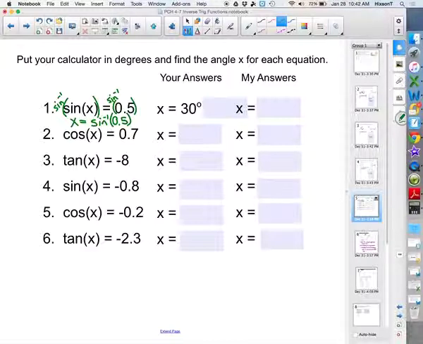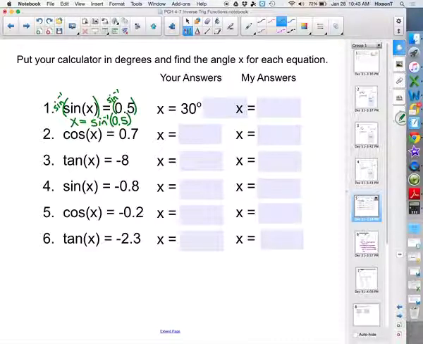Just use your calculator, write down your answers, see what you get. And you can round your answers.